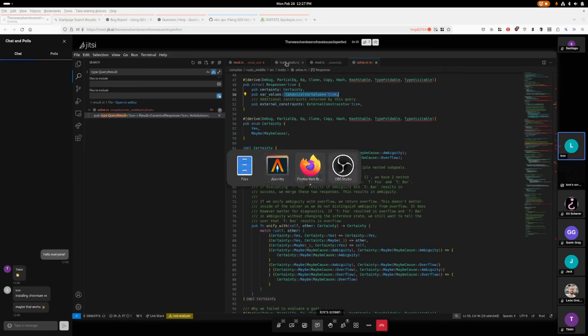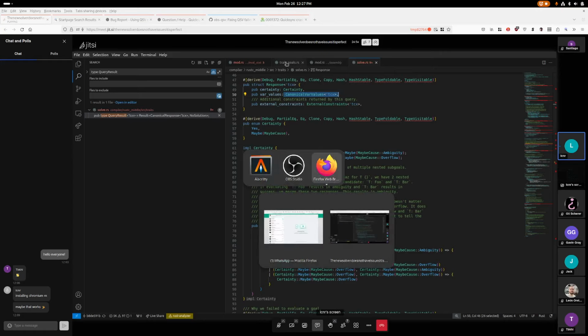But in the new solver, because of canonicalization, we can just assemble our candidates, recursively prove them, get all of their constraints as part of their canonical response. And then once we merge those or get down to a single canonical response, we can then just instantiate it and don't have to recompute anymore.